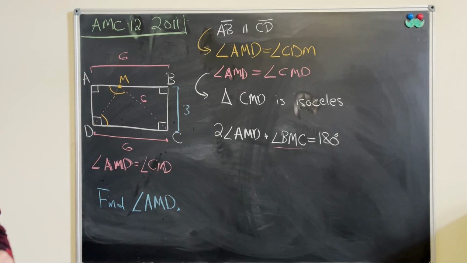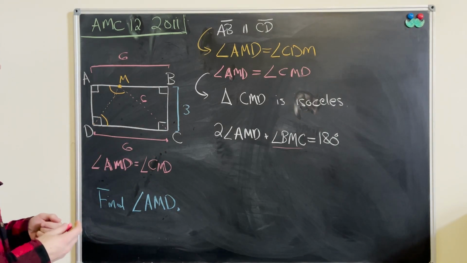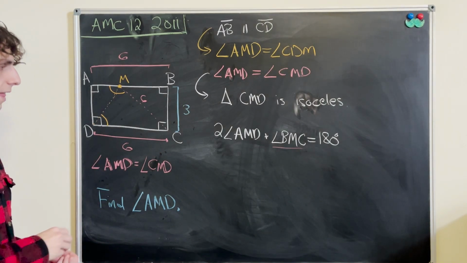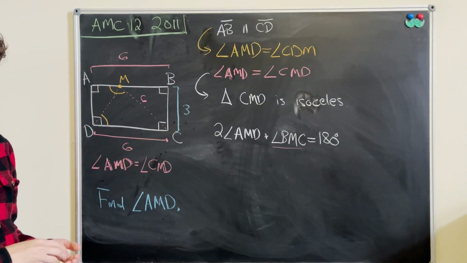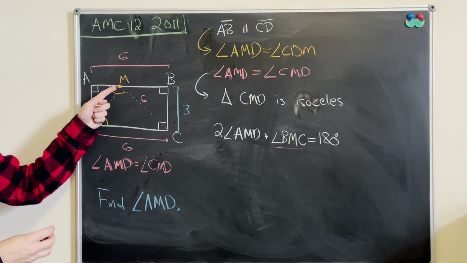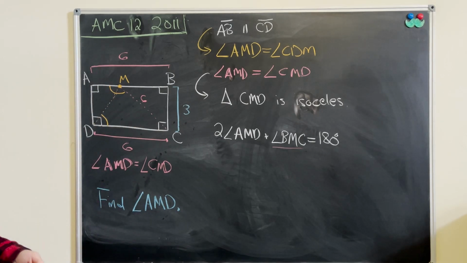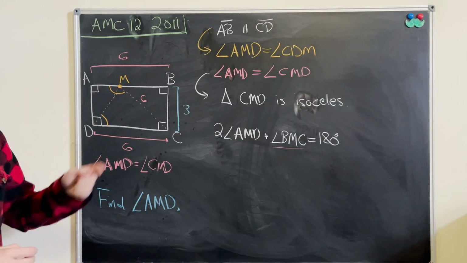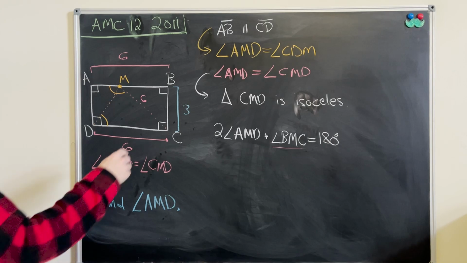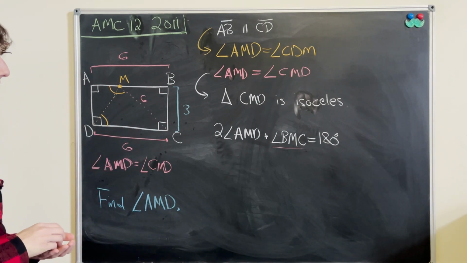But how do we solve for angle BMC? Well, what we need to do is realize that this line segment here, BC, is equal to 3, and that this line segment CM is 6, but that's actually a hypotenuse of a right triangle with right angle here at B, triangle MBC.